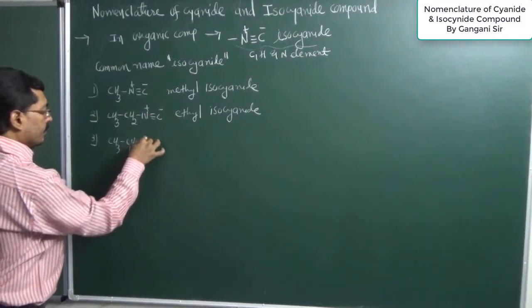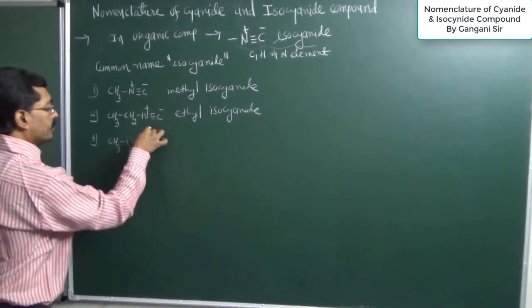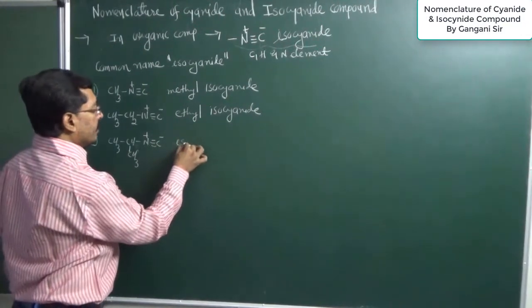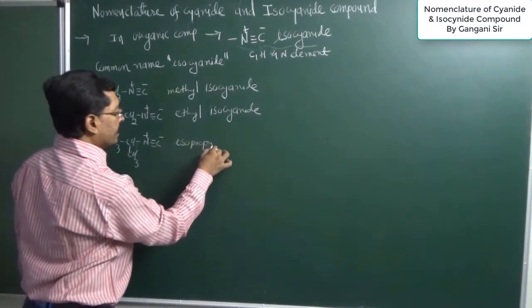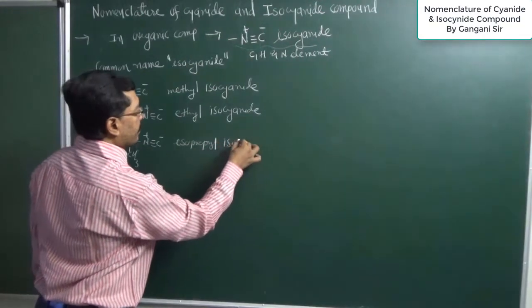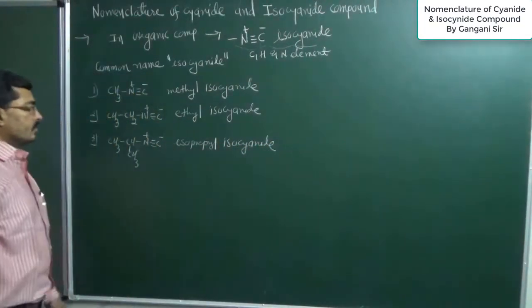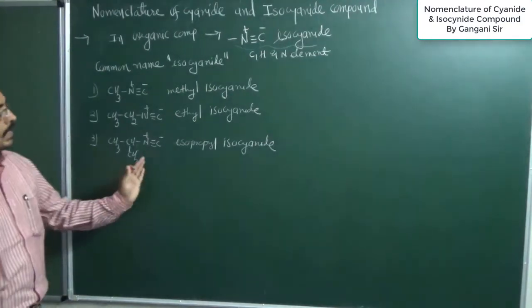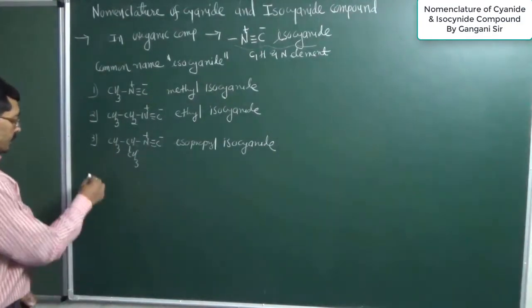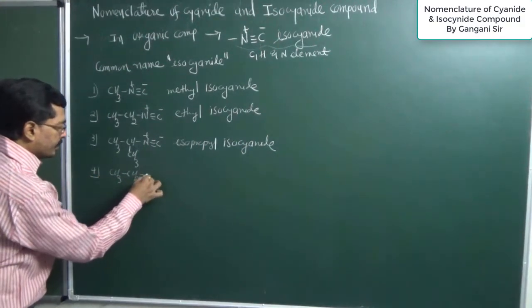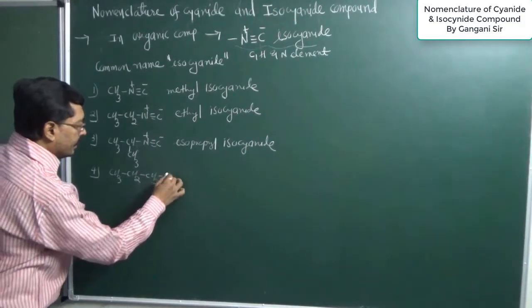Then it is isopropyl, and the remaining part will be isocyanide. So the name of this compound is isopropyl isocyanide. Suppose we have this type of long chain, then we can give the name of this compound in this way.